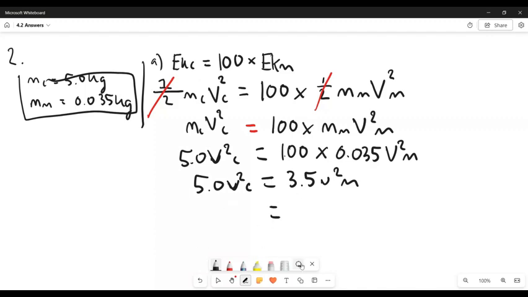Finally, we're going to divide 5.0 on both sides just to help simplify this. And so what we get is the velocity squared of the cat is equal to, if you punch it into your calculator, 0.7 velocity squared of the mouse.